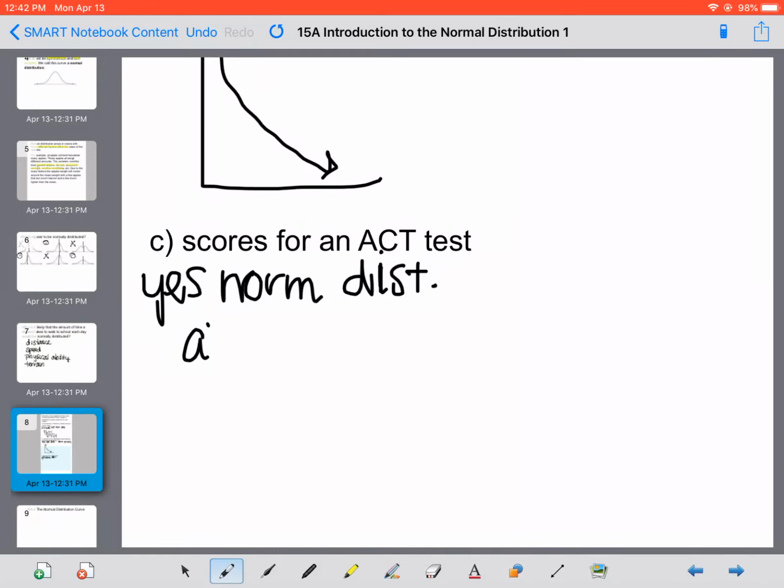The ability level. The more content you know, most likely, the better you're going to be. The amount of time you spent studying. Time is going to be a factor. If you don't study at all versus if you spend a lot of time reviewing, you're probably going to get a better score. Your sleep, that could affect it.